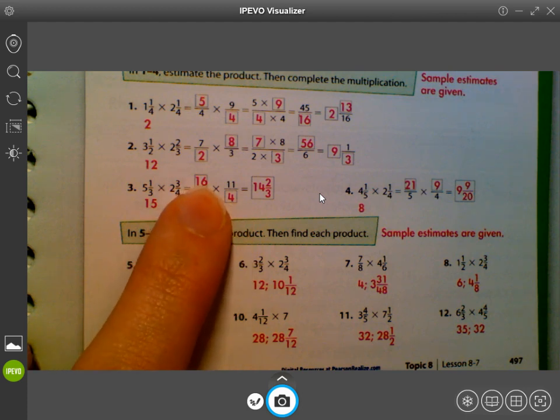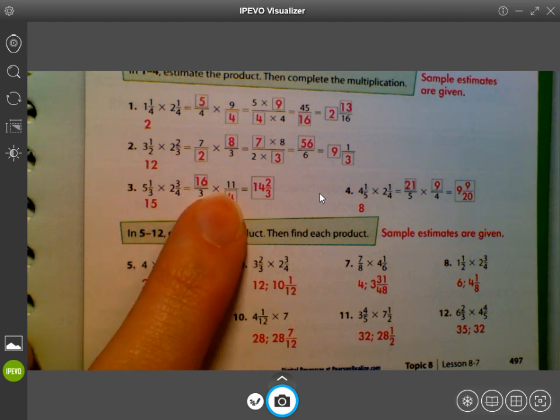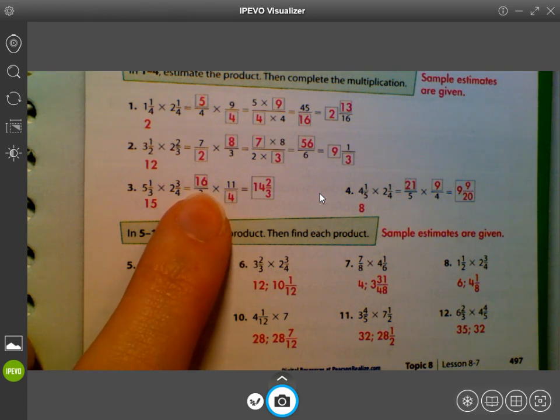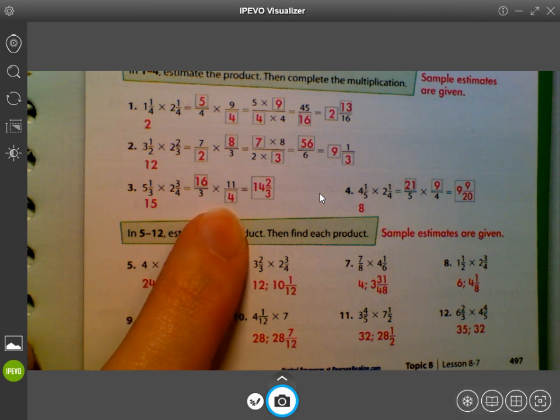Then we would multiply our two numerators. 16 times 11. Can anyone tell me what 16 times 11 is? Does anyone have that work written down on their page? Allison? 176. Yep. So we would have had the improper fraction of 176 over 12.